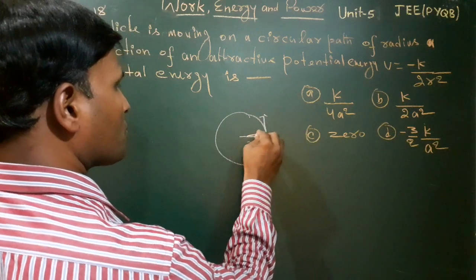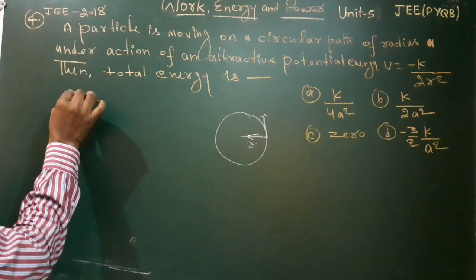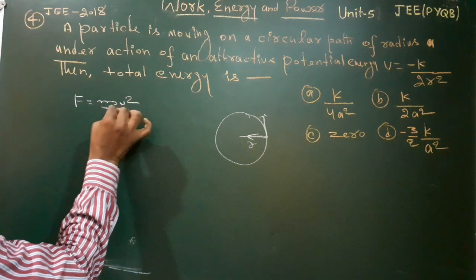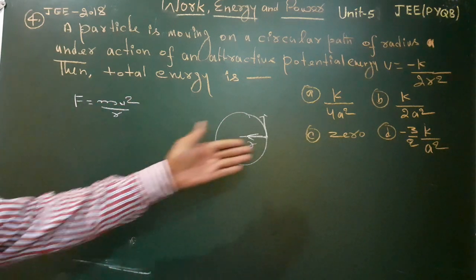You know the centripetal force F is mv square by r, and that F is the attractive force.